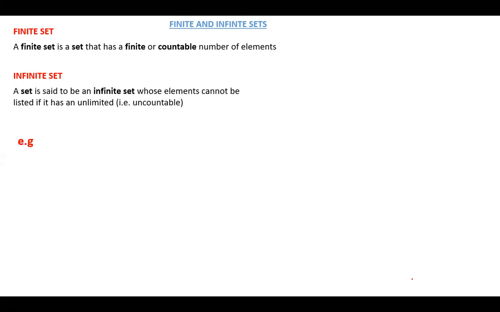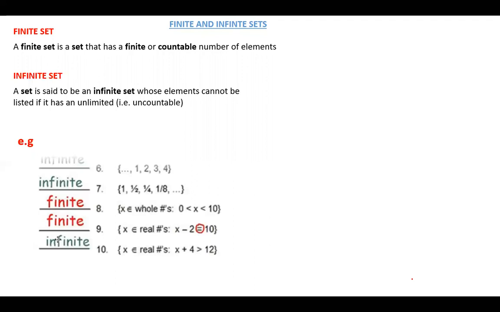So let's take a look at some examples of infinite and finite sets. These are the examples that we have. When you look at this set, this one is infinite. Why? Because it has these three dots this side.